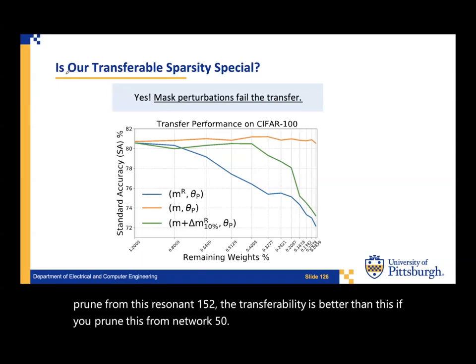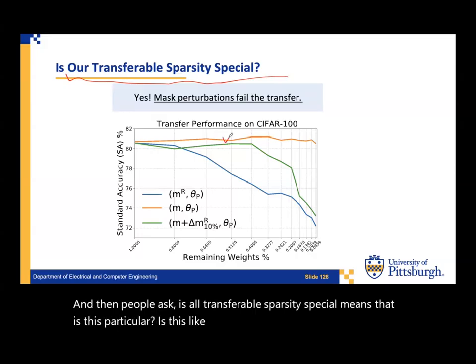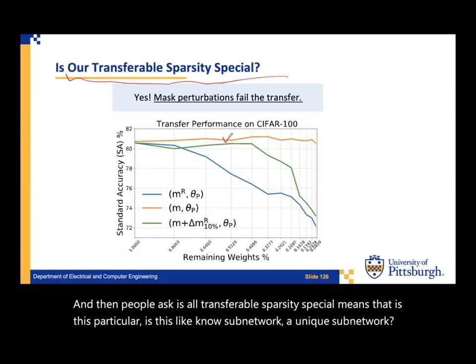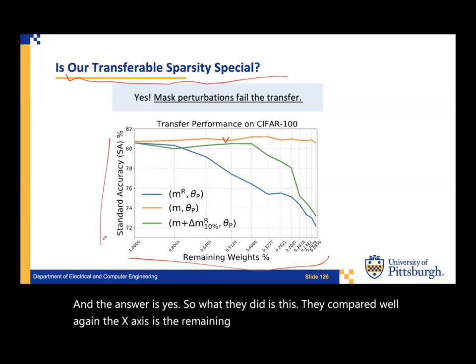And then people ask, is our transferable sparsity special? It means, is this subnetwork a unique subnetwork? The answer is yes. So what they did is this. They compare, again, the x-axis is the remaining weight, and the y-axis is the accuracy.